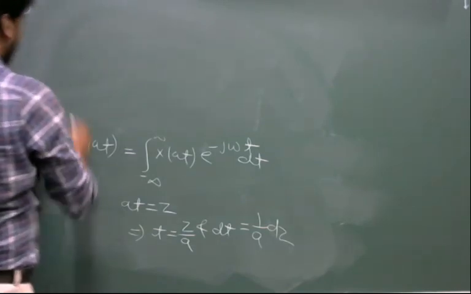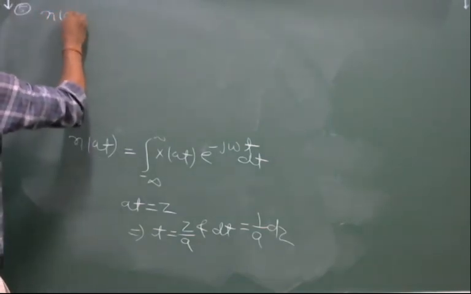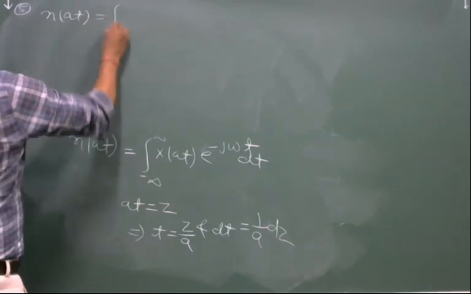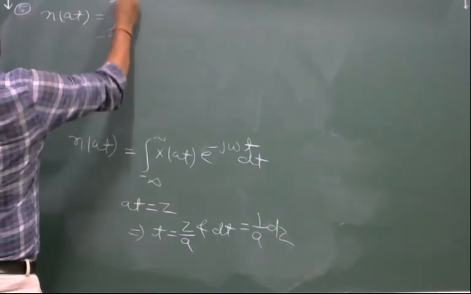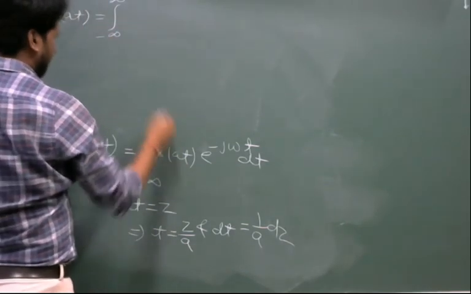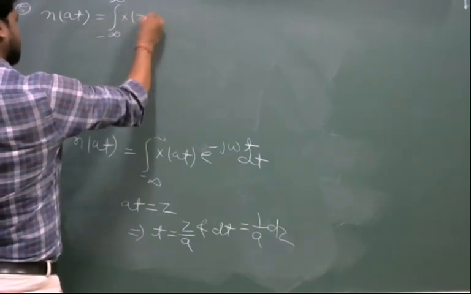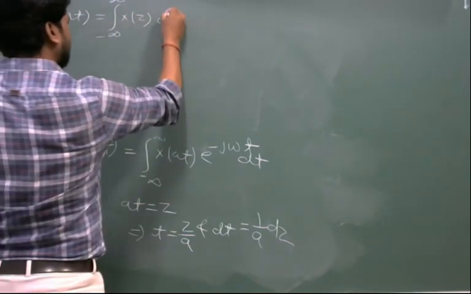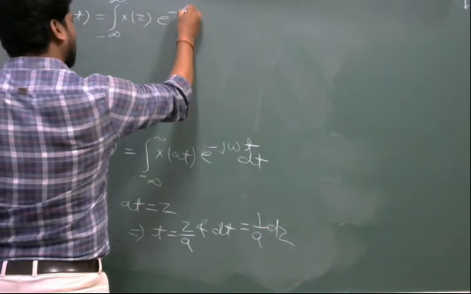Because the limit on t is from minus infinity to plus infinity, if we put t equal to minus infinity, z will also become minus infinity. It means the limit on the variable z remains the same, from minus infinity to plus infinity. Now, in place of at I put x of z, and this becomes e power minus j omega.